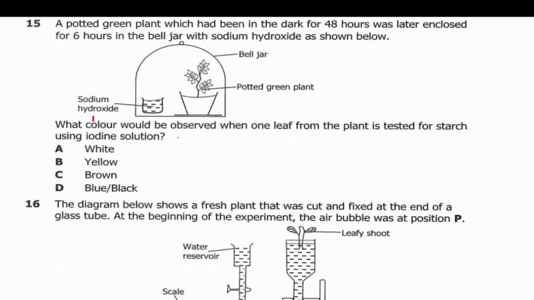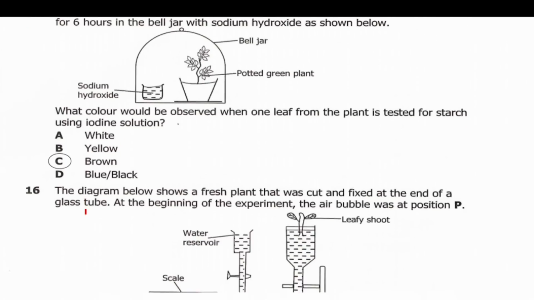And sodium hydroxide absorbs any carbon dioxide needed to manufacture glucose. So we don't expect the leaf to show the presence of starch, but only the absence of starch. So the answer here is C.